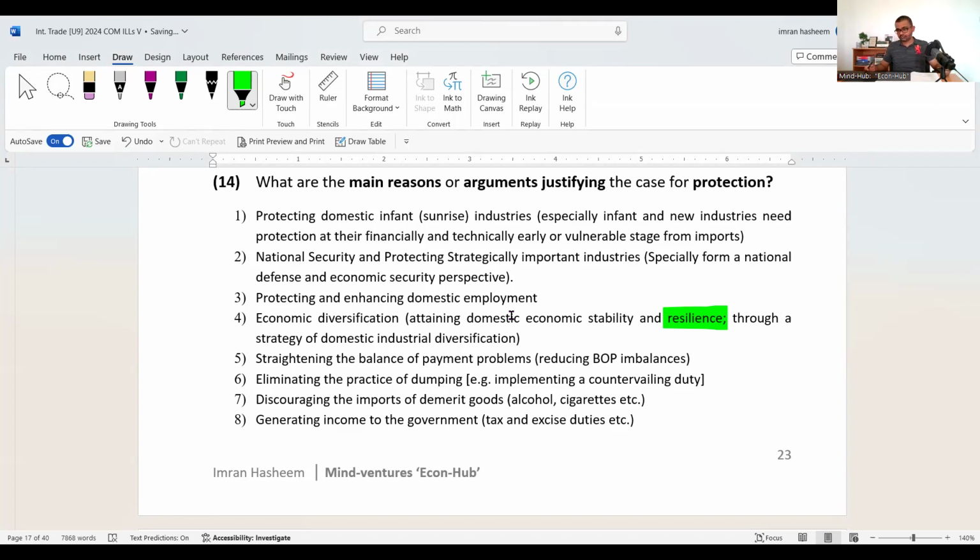Then strengthening the balance of payment problems. Yeah. Now, if we have a persisting trade deficit and a current account deficit in the BOP, right? Then we need to try to find a way to reduce it. Now, that is again during the pandemic time, and then during the 2022 economic crisis time, the central bank was taking a lot of steps. I assume you guys remember.